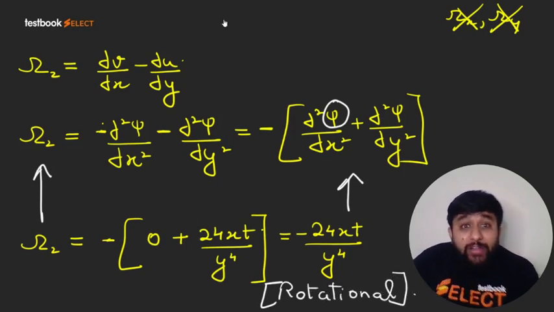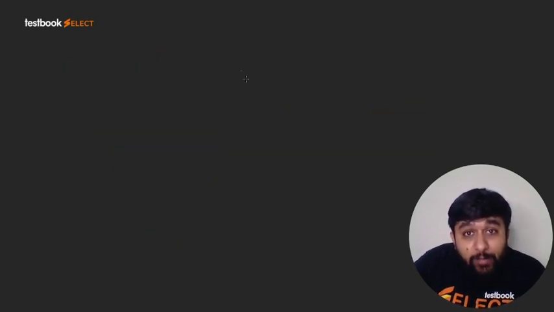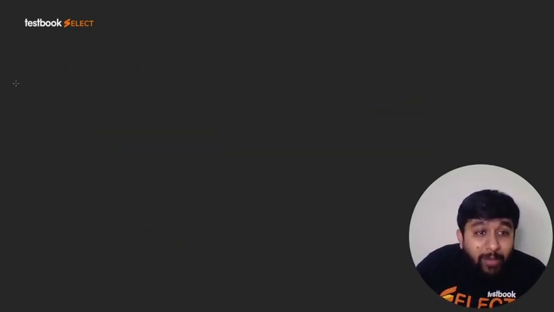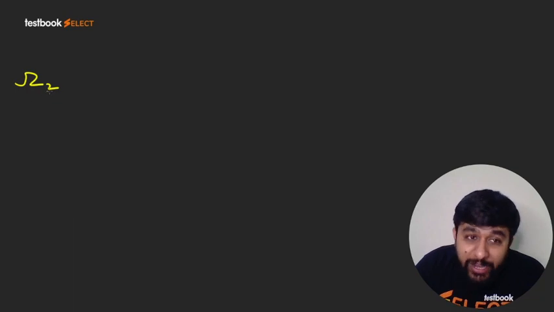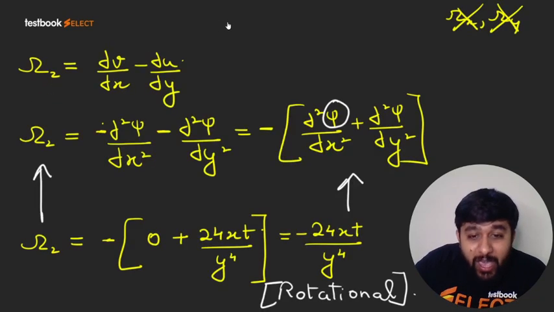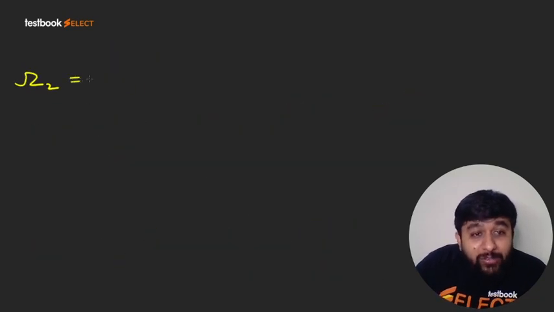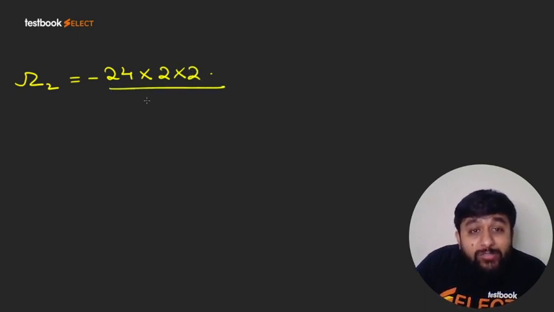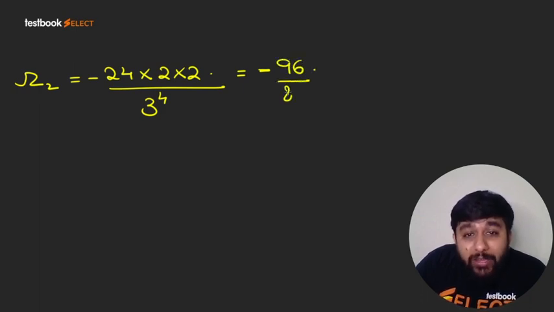Now we have to find out this vorticity at a particular point. What is the point? 2, 3, and what is the time? 2 seconds. So you will say minus 24 xt. How much is x equal to? x is equal to 2. How much is time equal to? 2. How much is y equal to? 3. So you are getting minus 96 by 81.